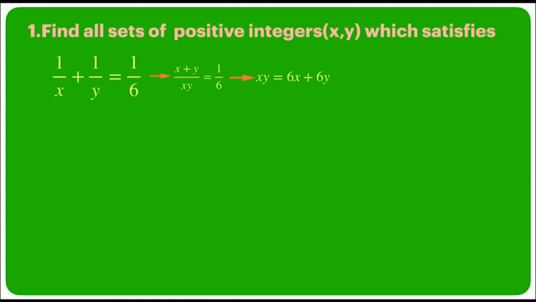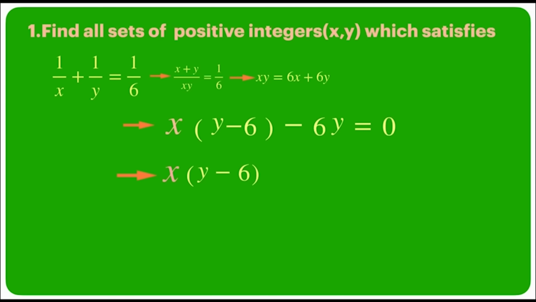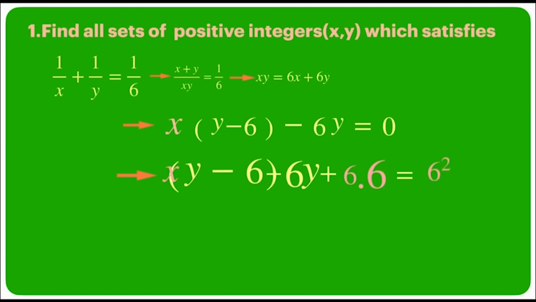So we add 6 into 6 on both sides, like this: minus 6y, and then plus 6 square. Yes, plus 6 into 6, that is 6 square.